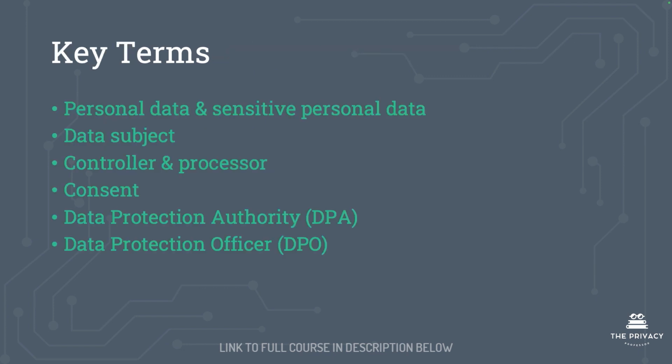There are several key terms that you need to know for the CIPP US. These include personal data and sensitive personal data, data subject, data controller and processor, consent, data protection authority or DPA, and data protection officer, DPO. Many of these terms we've already come across, and so this should mostly be a review.